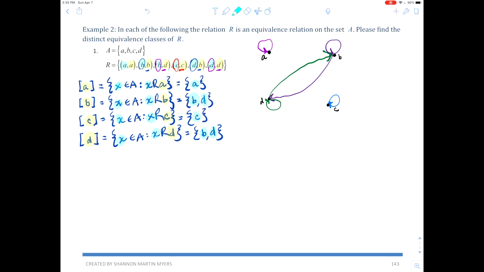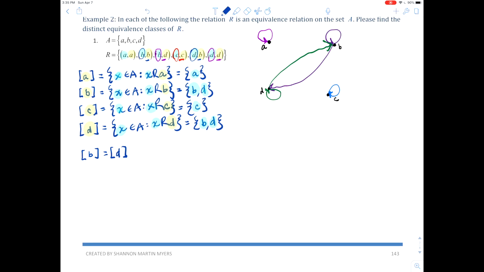All right, so what have we found? Well, isn't it true that the class of B is equal to the class of D? So we only have to represent that set once.